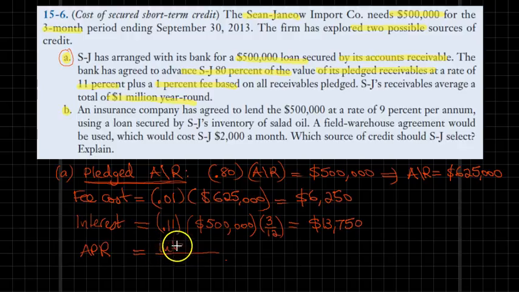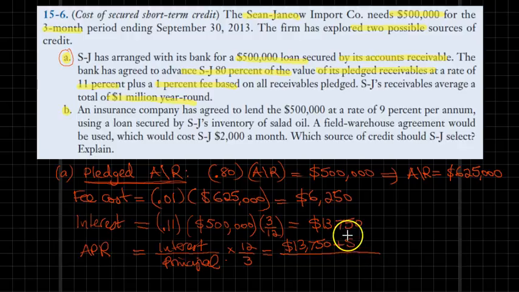Now finally, the effective cost, or the effective rate, the APR of this pledged accounts receivable is, let's start by writing the formula first. The interest expense over the principal times 12/3. Well, the interest amount is $13,750, plus there's an ongoing fee as well, $62.50, all divided by the principal amount of $500,000, and we need to also multiply it by 12/3.